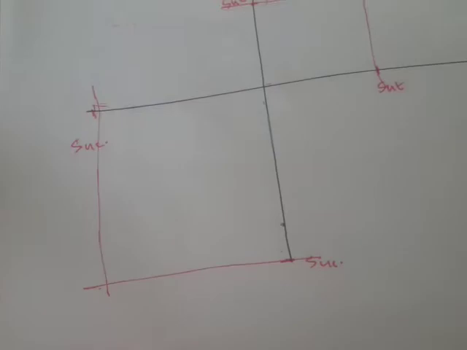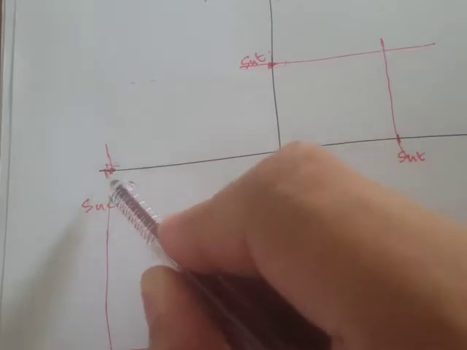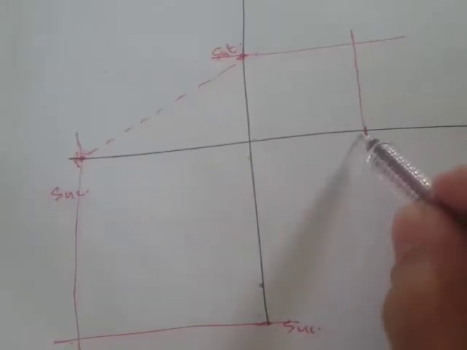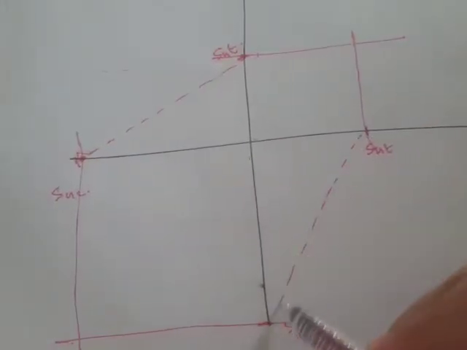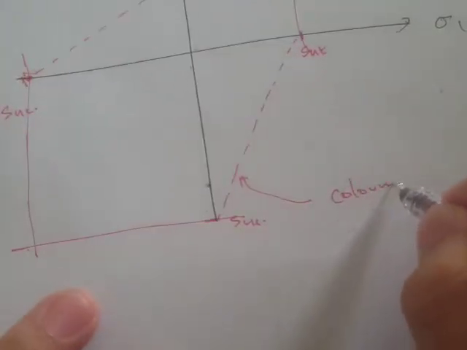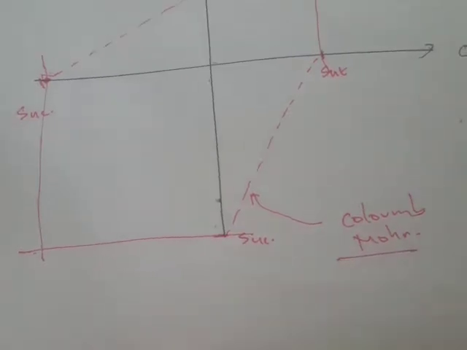Okay, the Coulomb-Mohr theory is actually connecting these two points, this SUC and this SUT. Okay, it actually connects this, and this is what we call the Coulomb-Mohr theory. This is not yet the modified Mohr theory.